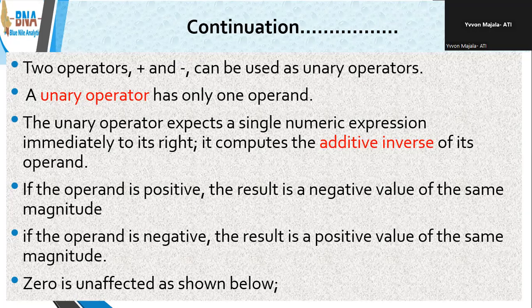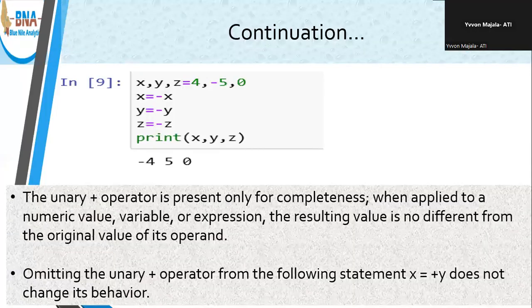They do not change. If the operand is negative, the result is a positive value of the same magnitude. Zero is unaffected, as shown below. x, y, z equals 4, minus 5, 0. If x is equal to -x, that will be x is equal to -4. y is equal to -y.